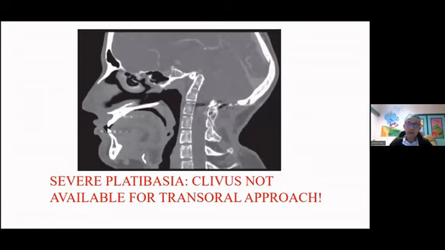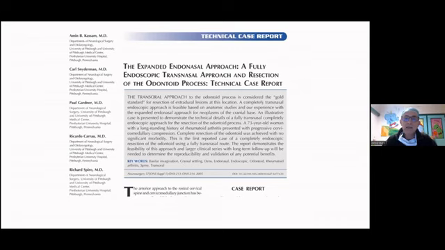But this is for sure a clear example of type 2, irreducible basilar invagination associated with platybasia, very, very severe platybasia. No one in the world should approach this challenging case by transoral approach. The only way to deal with this clinical case is to follow the endonasal approach that Kassam presented for the first time in 2005.